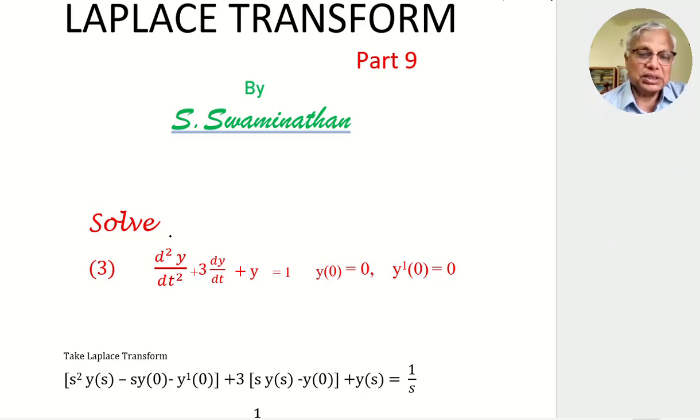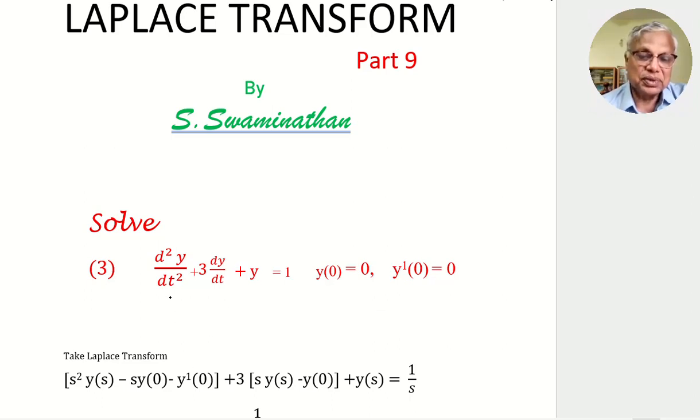If you take the Laplace transform of the whole equation, the left hand side is a second order differential equation. So recall my lecture on Laplace transform part 1, where I had given you all the formulas of Laplace transform, the table of transforms.